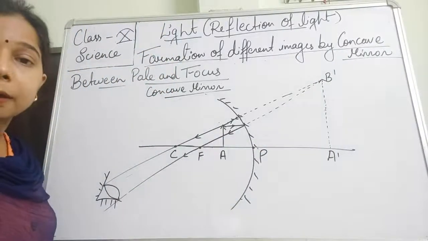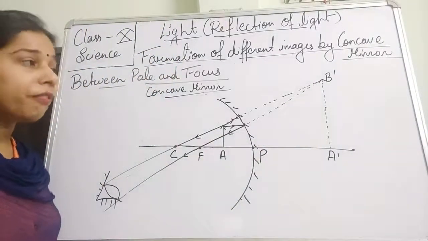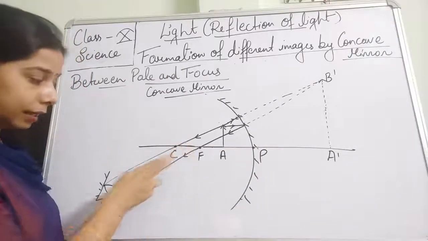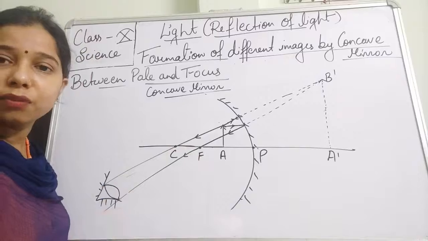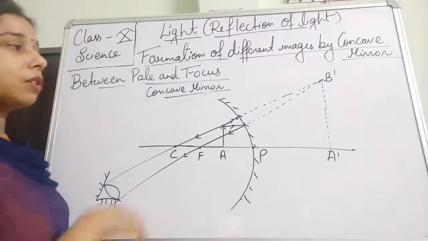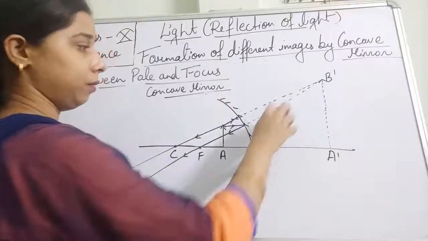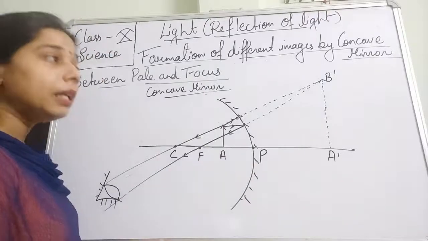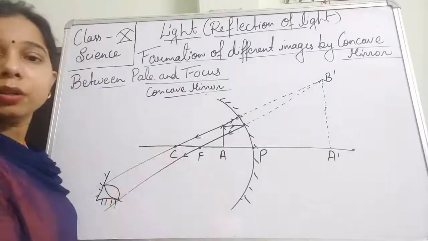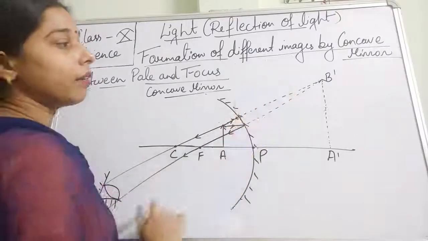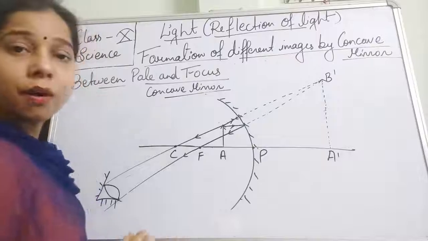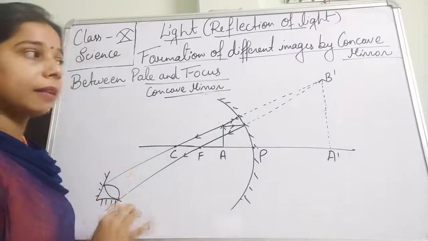You can see that the rays of light are actually not intersecting at a point in front of the mirror. So when we stretch it back, it appears that they meet somewhere behind the mirror, and that will be A dash and B dash, which is the virtual and erect image.